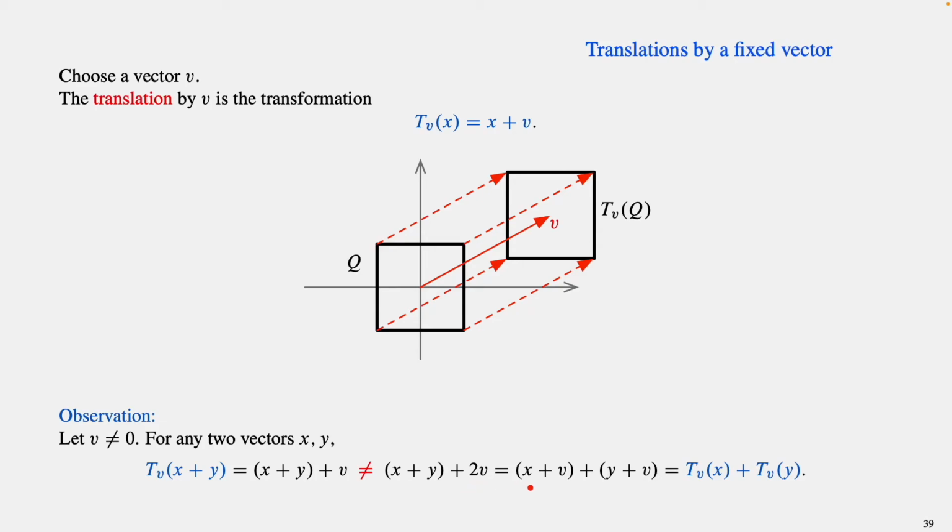But this is what we would need to have for linearity. So we can rewrite this if we add one v to x and one v to y as x plus v plus y plus v. And this first one is t index v applied to x, and the second one is t index v applied to y. And if we had linearity, then this one and this one would have to be equal. But as we see here, they are not equal. So translations by non-zero vectors are not linear.